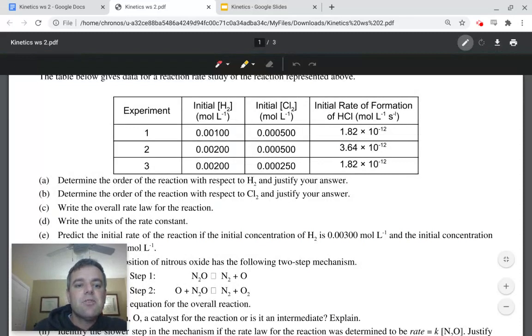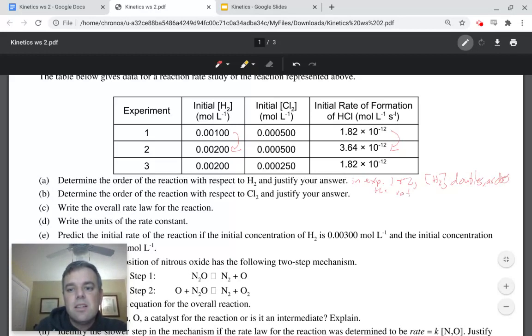So if we're asked to determine the order of the reaction with respect to hydrogen in this experiment, you'll notice that chlorine stays the same between experiments 1 and 2. The hydrogen concentration doubles. The rate doubles. So what you would say is in experiments 1 and 2, the H2 doubles, as does the rate.